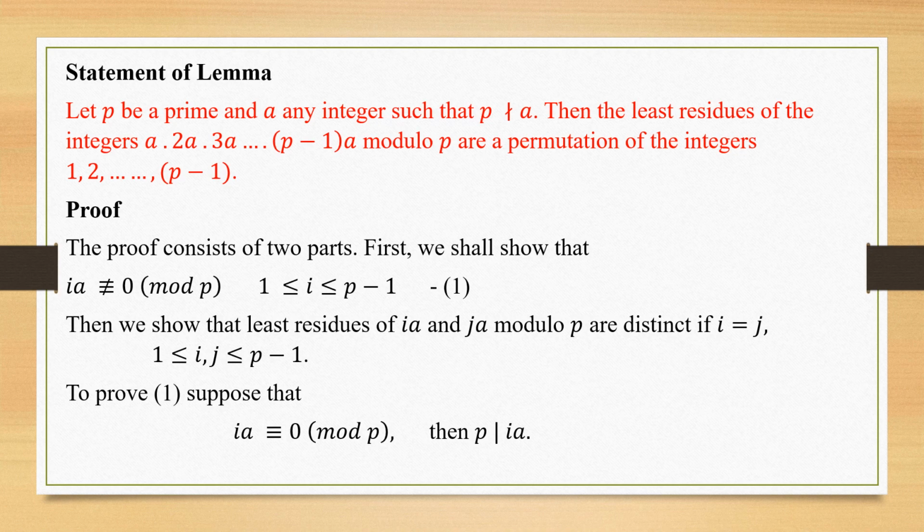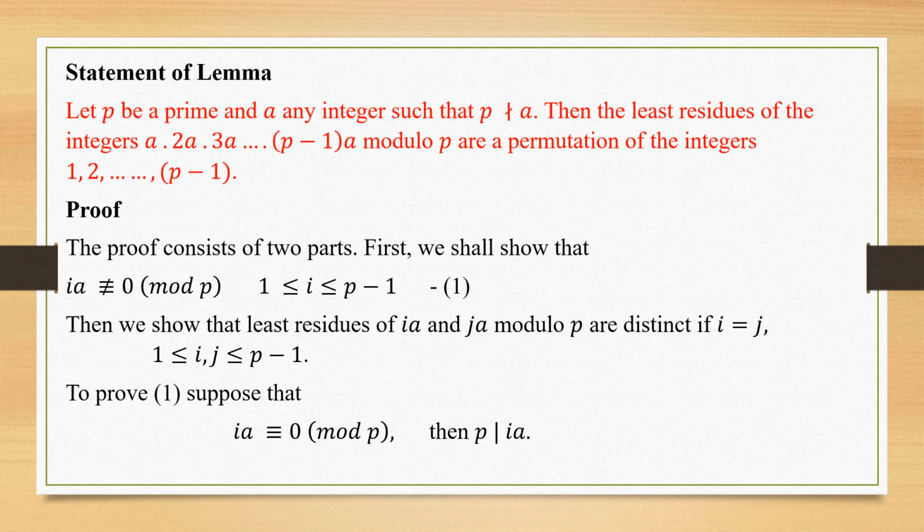To prove that particular congruence relation, suppose that i times a is congruent to 0 mod p. Then what can I say? Then I say p divides i times a. Correct? When will I get a remainder as 0? When the modulus perfectly divides this particular number, I'll be getting 0.